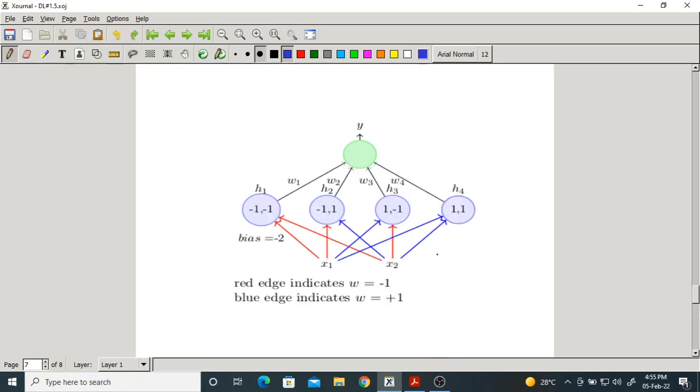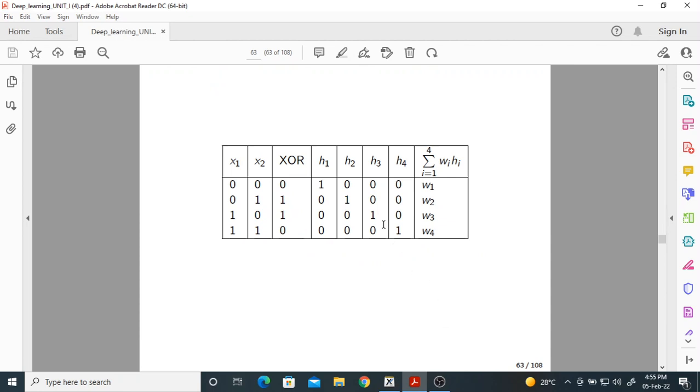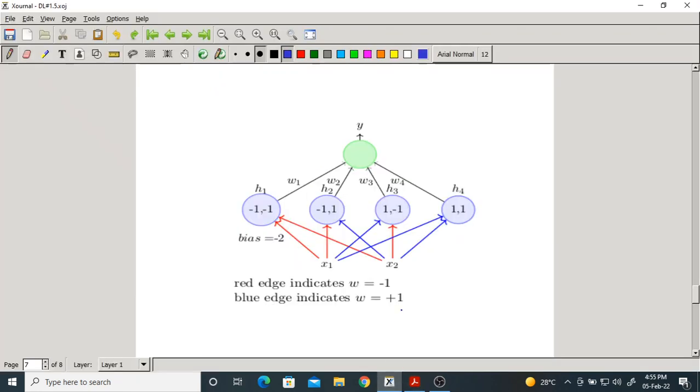Now, what will happen here? To this output layer perceptron, what is the weighted sum? W1 into H1, because the inputs to this perceptron are these 4, not these. Please remember, this is the third layer, and the previous layer is its input.